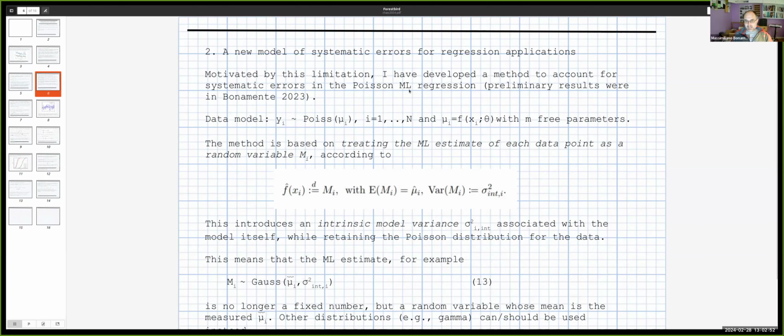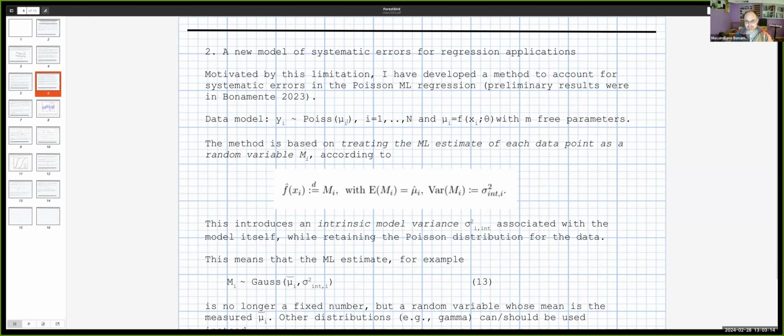This is incidentally something that I already proposed in a paper in the Monthly Notices, but it didn't have much of the statistics, and I'm in the process of making it a little more statistically sound.